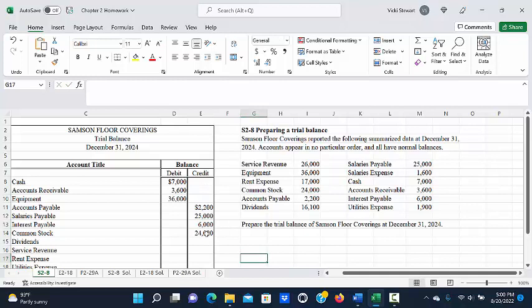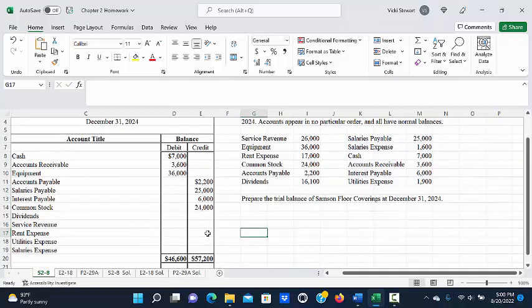Okay, so those are our permanent accounts. These are our balance sheet accounts, and those are never closed. But remember, we haven't closed any accounts, so all of our accounts are open. So the next thing we do is begin to list our temporary accounts. Our first temporary account that we list is dividends. Dividends has a normal debit balance.